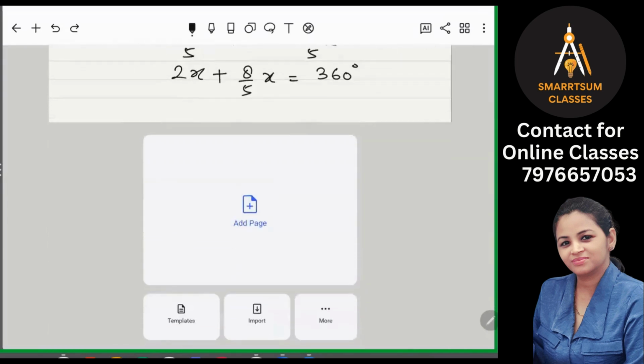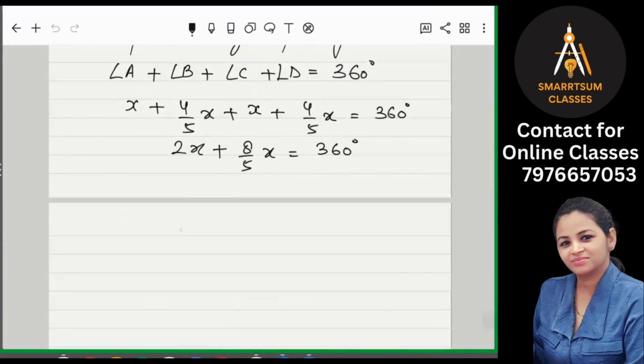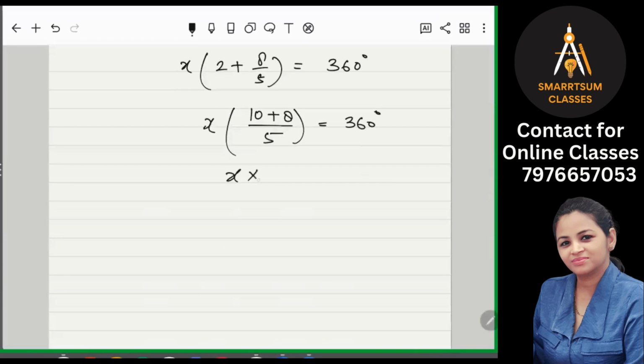Now solving further, you can take X as common. 2 plus 8/5 times X is equal to 360 degrees. Okay. This will become 10 plus 8 over 5, 360 degrees. Right? 18 upon 5, X is 360 degrees. Right? So X will be equal to 360 degrees into 5 upon 18.